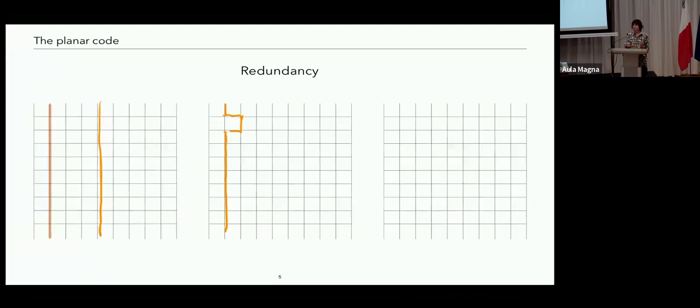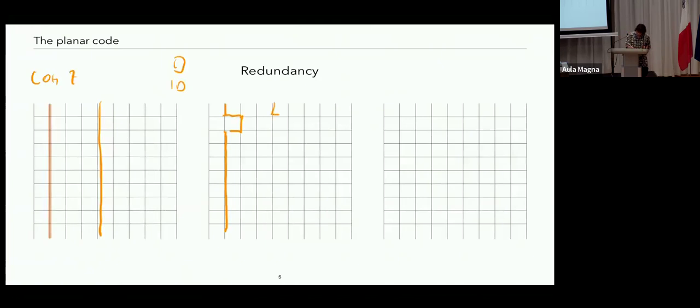And this needs to be equivalent because this is logical Z and this guy here is the identity, so they need to be the same. And as you can see, adding this square, I can modify the path. The important thing is that it's always gonna percolate the lattice from top to bottom.